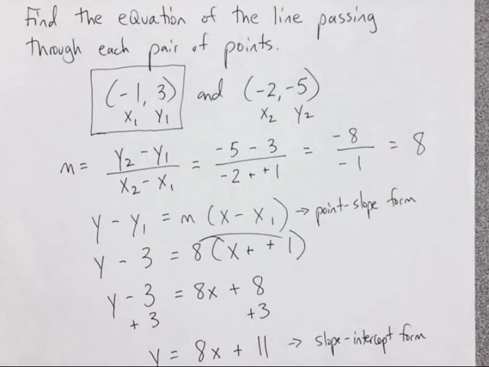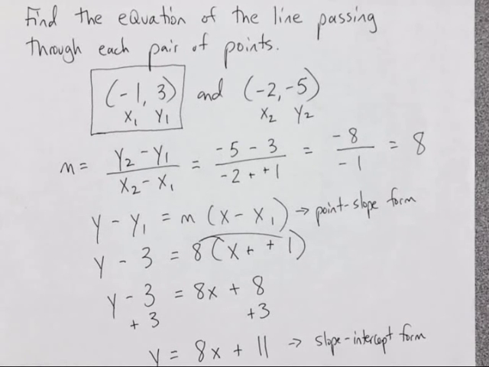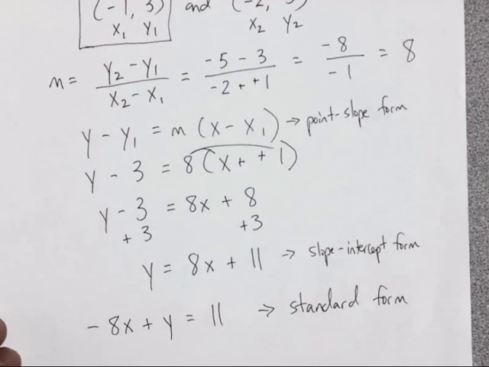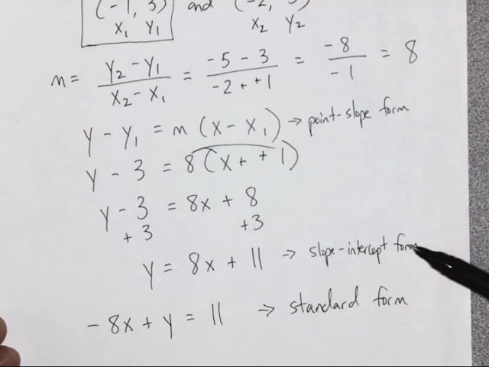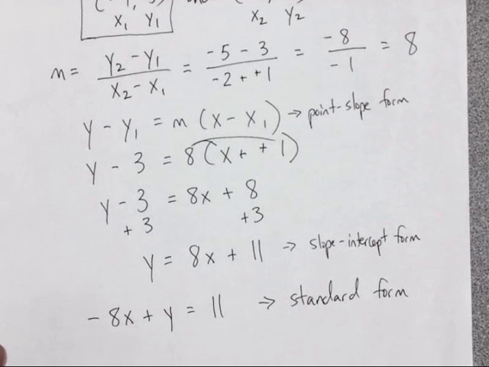I could use either. And just to be consistent, I stuck with the first one since I already had it labeled x1, y1. So plugged in that slope, those coordinates for that ordered pair, simplified, put that into slope-intercept form, and then move the x term to the left-hand side to put it in standard form.